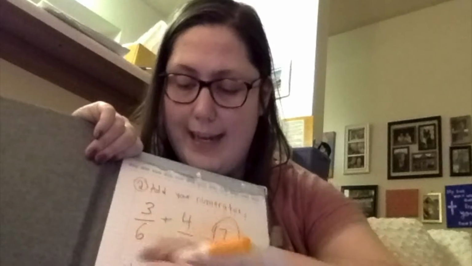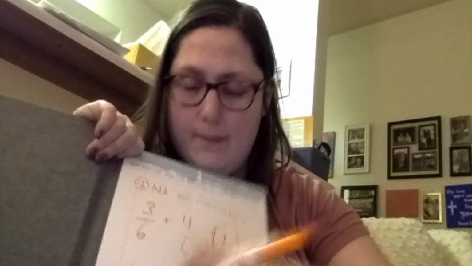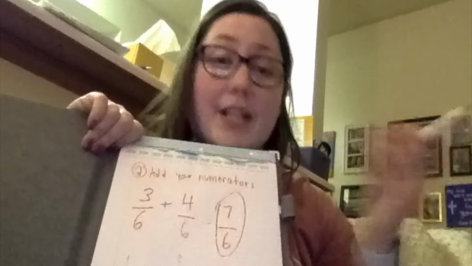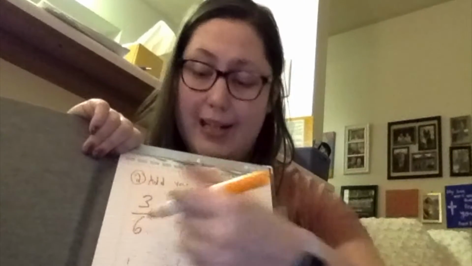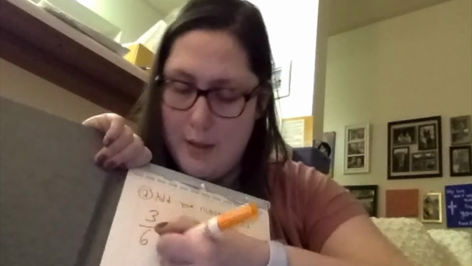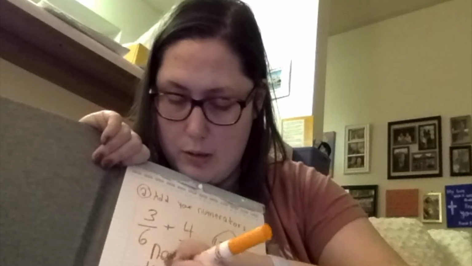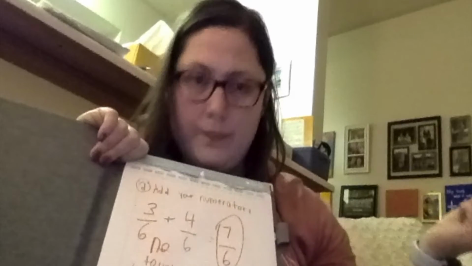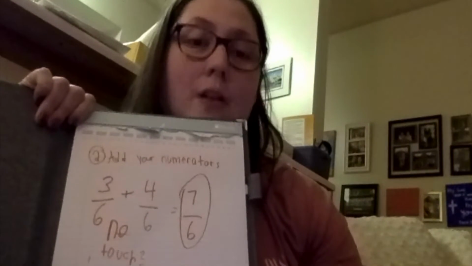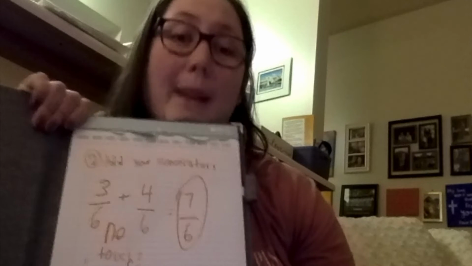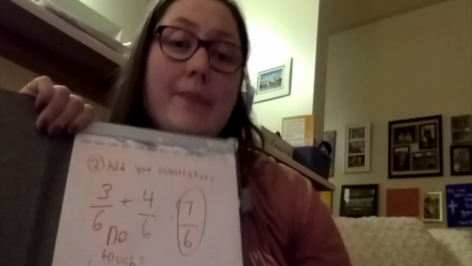This one was 1/2 and this one was 2/3. I added the numerators and I did not touch the denominators. Do not touch. Alright, and we have 7/6. Right now it kind of looks like a backwards 7 and a 2, but it is 7/6.